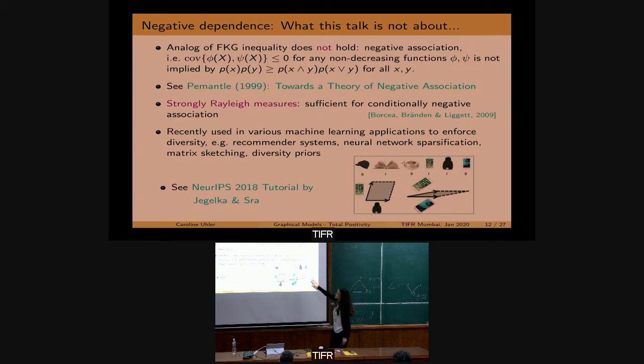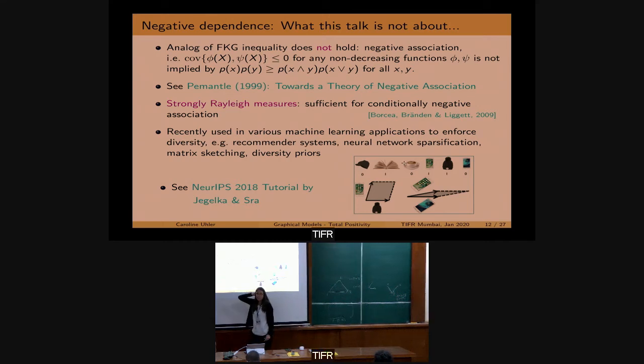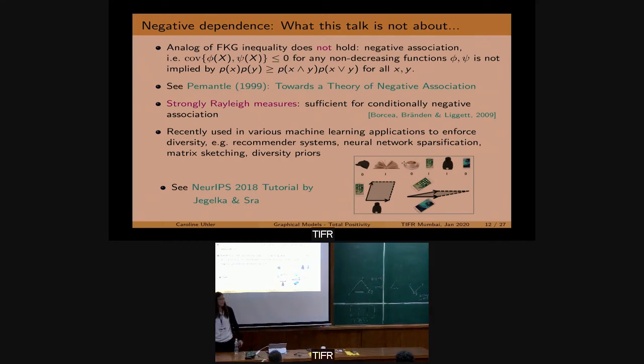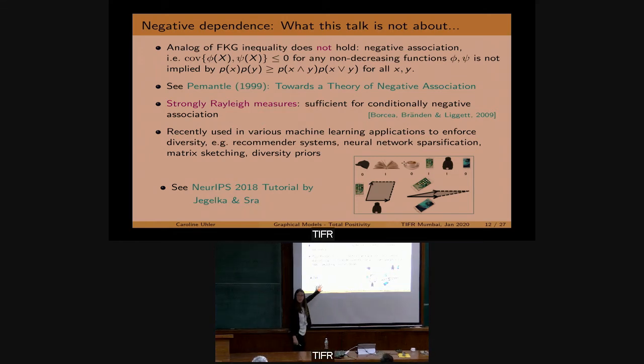Negative dependence has also been used for sparsification of neural networks, because you want to remove edges that are just measuring the same thing, so you want the edges to be as negatively associated as possible. So whenever you want to find a big variety of things, matrix sketching, diversity priors, that's when you want to use negative association. So that's what I'm not talking about, but there is a really nice tutorial.